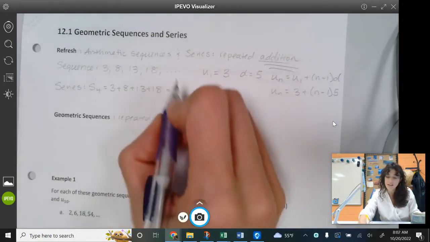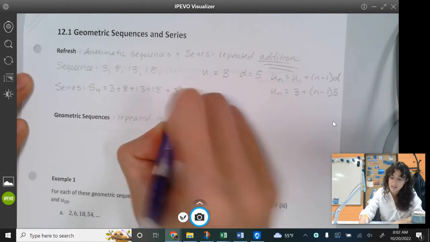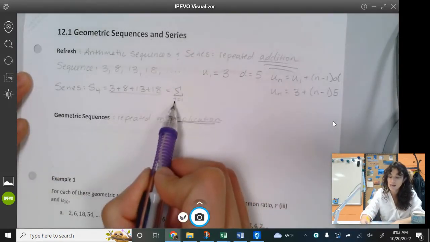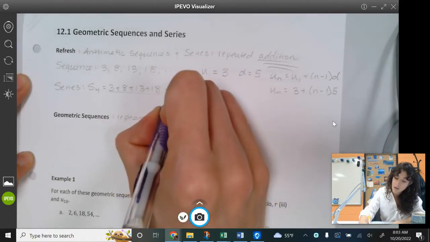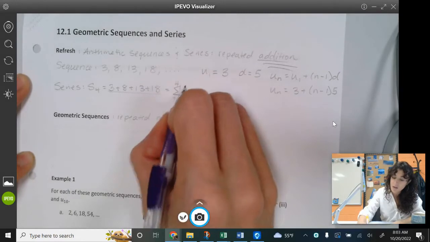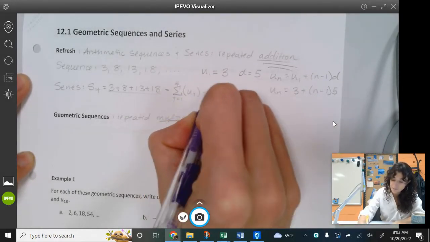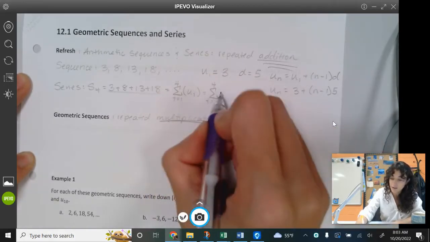This is where we brought in the sigma notation, the sum of. We could say that S sub 4 is the sum of the first 4 terms, and that goes from the first term to the 4th term of our formula. We could say U sub i, or we could actually write out that equation.